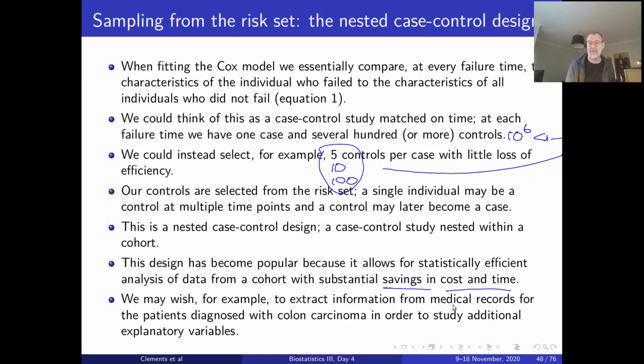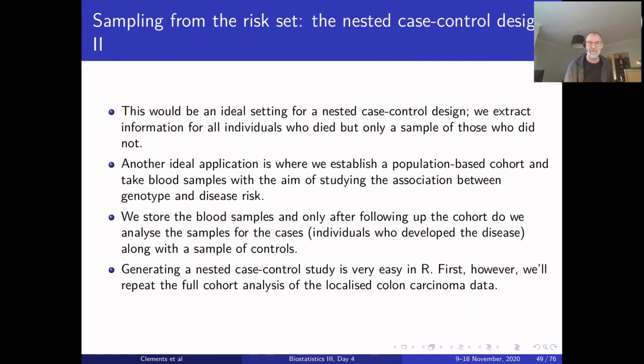It might be expensive to pull records for, say, patients diagnosed with colon carcinoma. So this will substantially reduce the size of the study. What we would do is sample from the control sets, and then extract information for all individuals who died, but only a sample of those who did not.